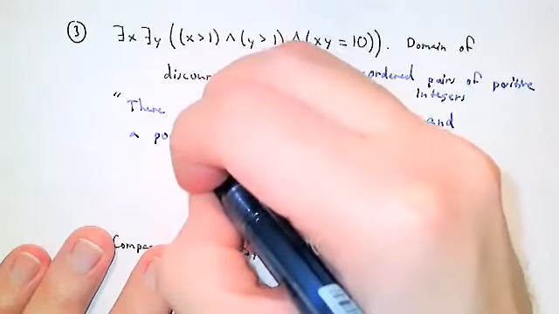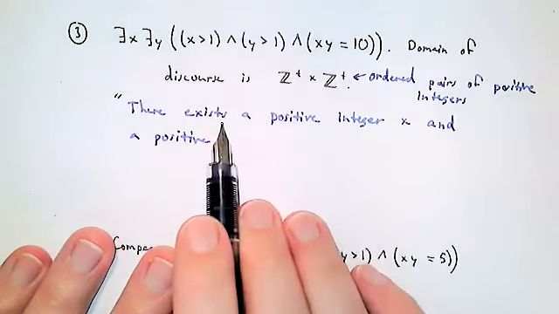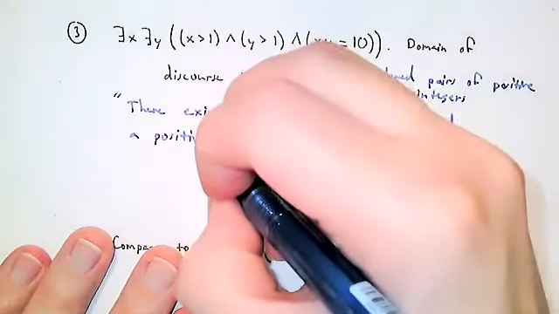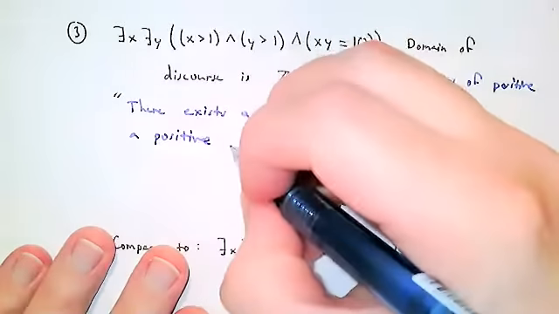This is the way that you would normally write that down in words. You wouldn't say there exists twice. You would just say there exists an x and a y.